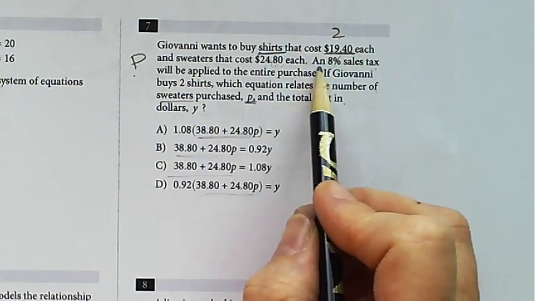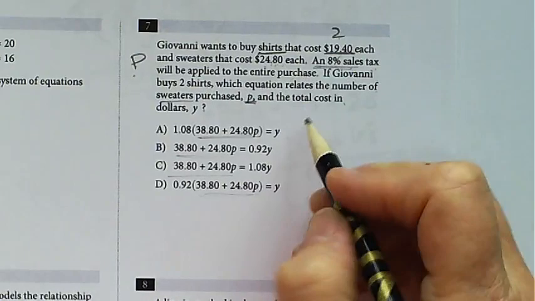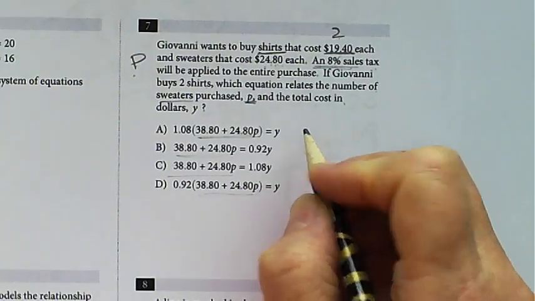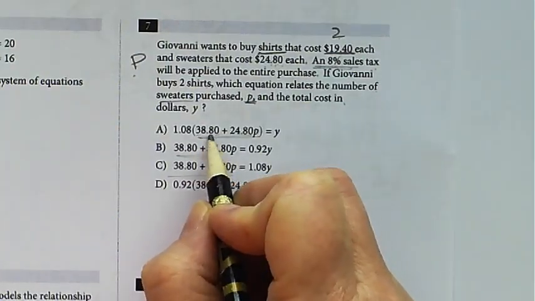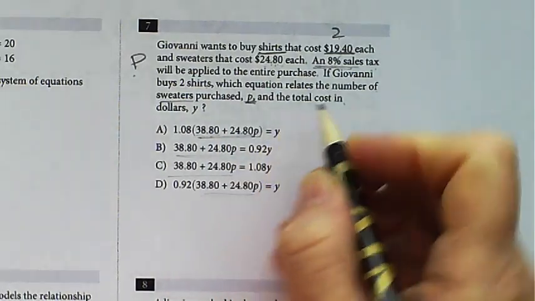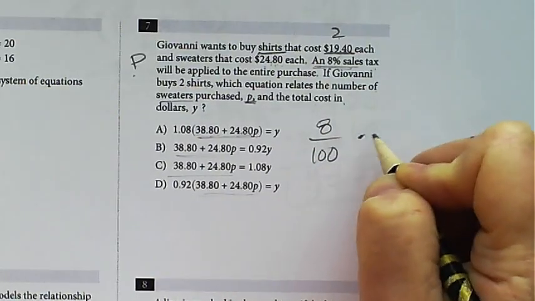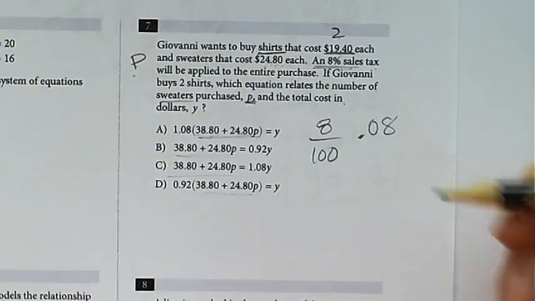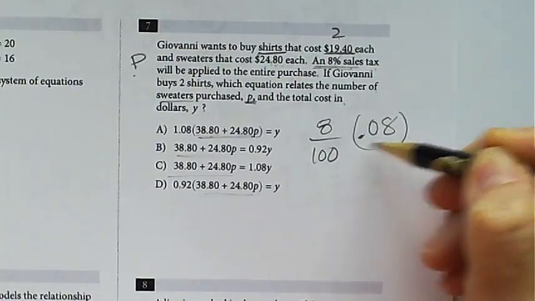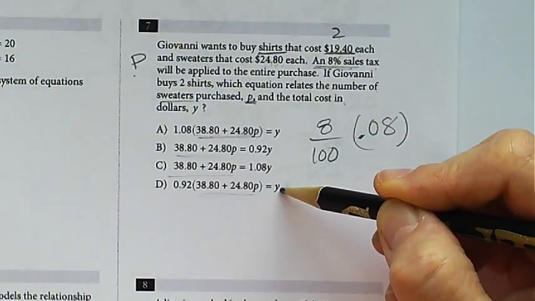Okay, so the 8% sales tax is where you have to be careful. If you're going to add 8% to this, you're going to find 8%. You're going to say whatever your total amount is, whatever your $38.80 plus $24.80p times 8%, which is 8 out of 100, or 0.08, you're going to multiply that by your total cost, and then you're going to add it to the original amount.